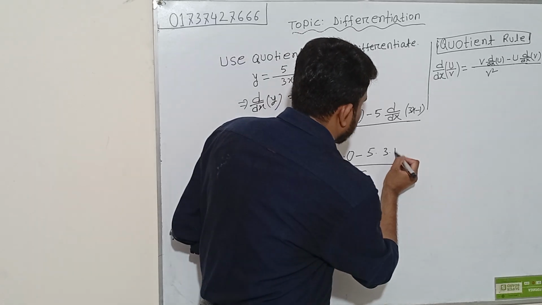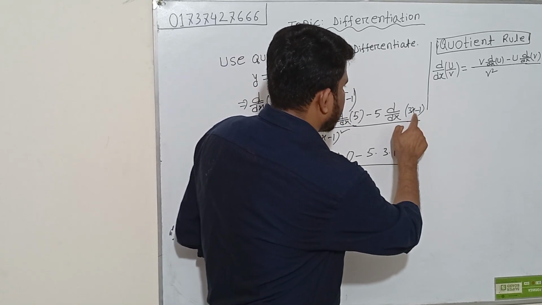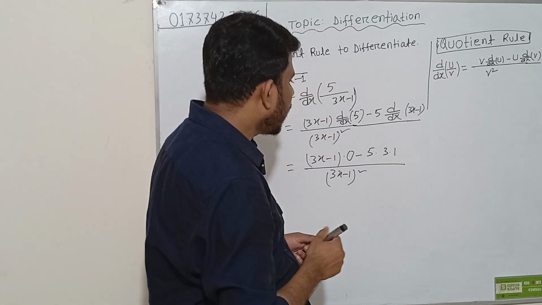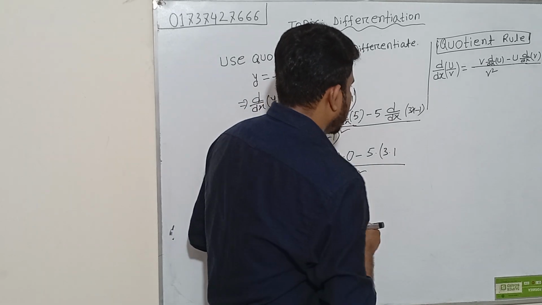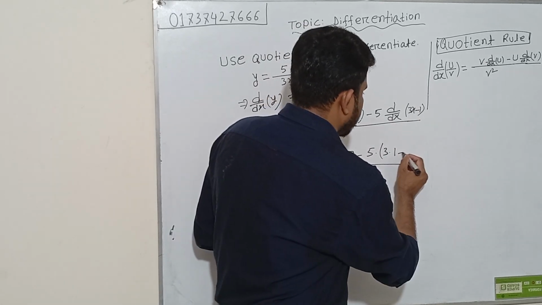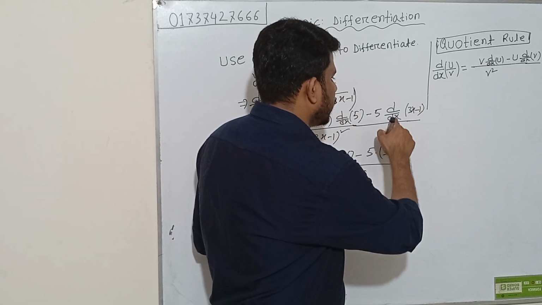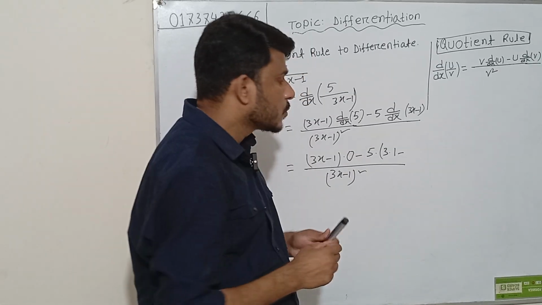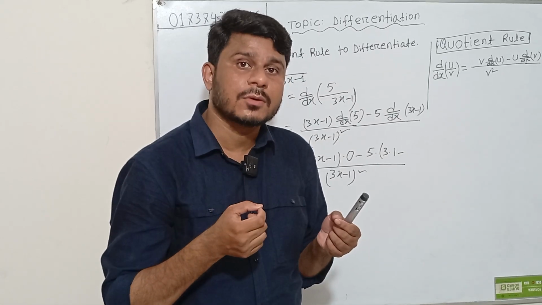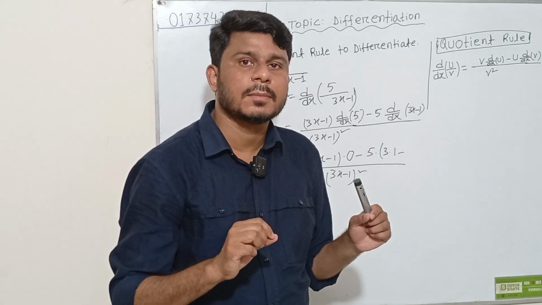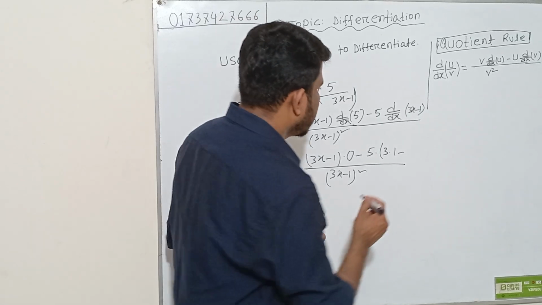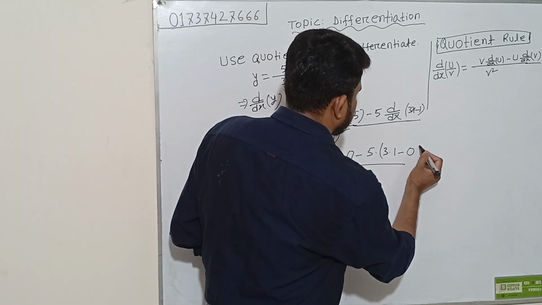So 1, and this is minus. If I differentiate 1 with respect to x, 1 is a single constant, there is no variable multiplied with 1. That means there will be 0.